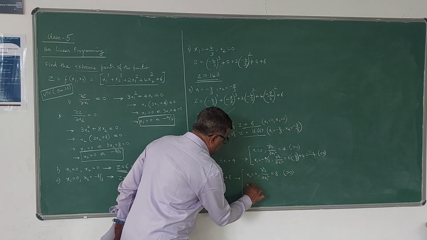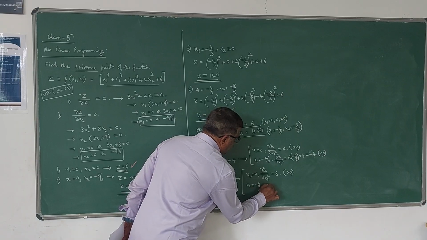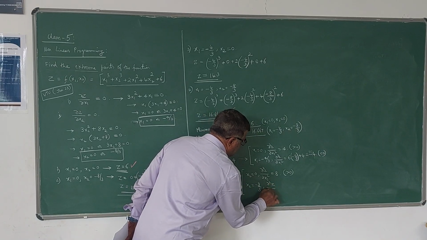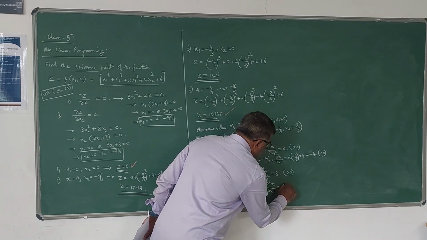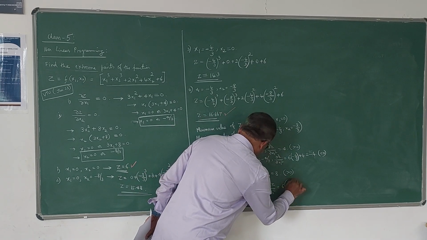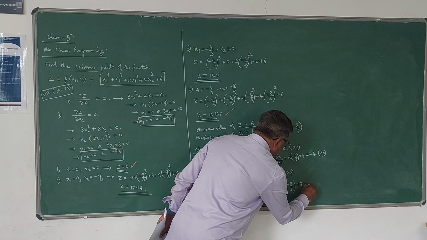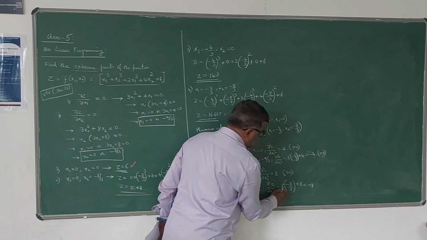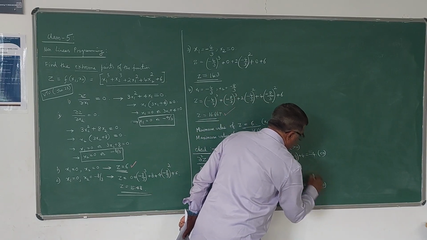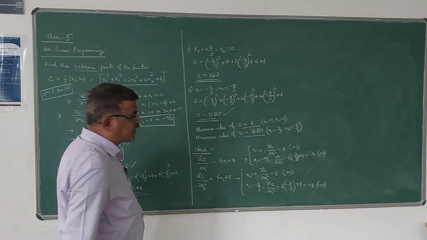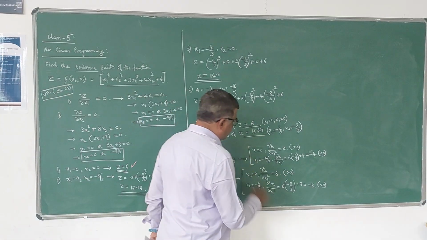For the second value, x2 equal to minus 8 by 3, dou square z by dou x2 square will be 6 into minus 8 by 3 plus 8. If you simplify this, you will get minus 8, because this is minus 16 plus 8. So it is less than 0. These are the values of the second derivatives for the obtained values of x1 and x2.